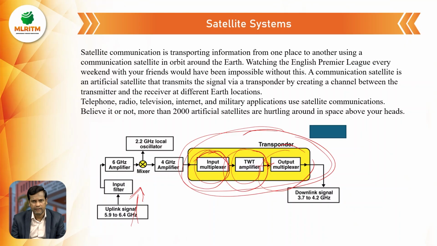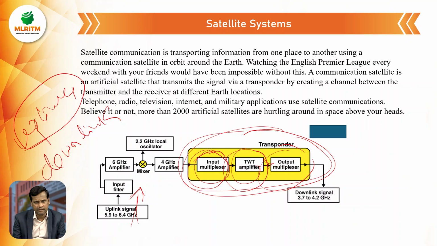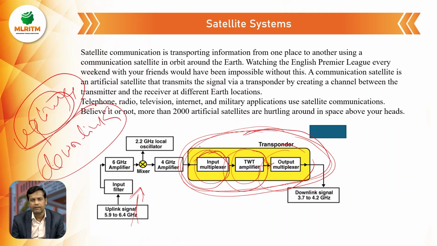So between the transmitter and the receiver, one is uplink and another is downlink. In the transponder, while receiving a message or data, it is taken by the input multiplexer, amplified, and then goes to the output multiplexer, then comes to the downlink. So the transponder plays an important role in a satellite system.